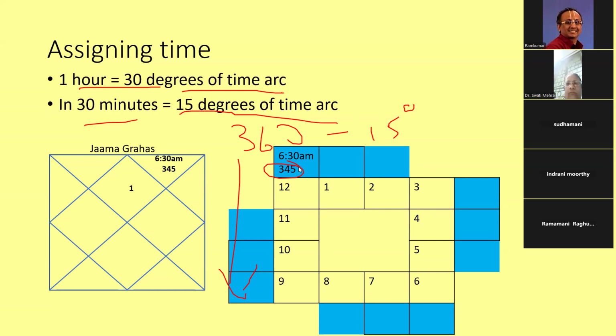Okay. Now, if 1 hour has traveled, what will happen? You will subtract how many degrees? 30 degrees you will subtract, right? So at 7 a.m. what will happen? It will be at 330 degrees.